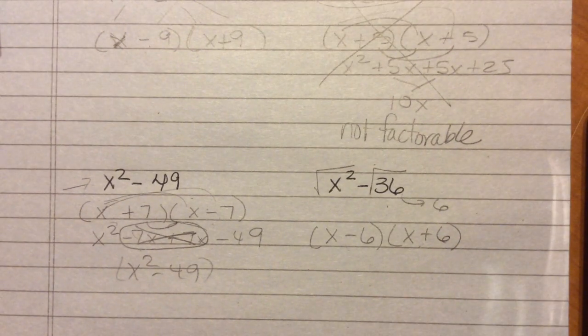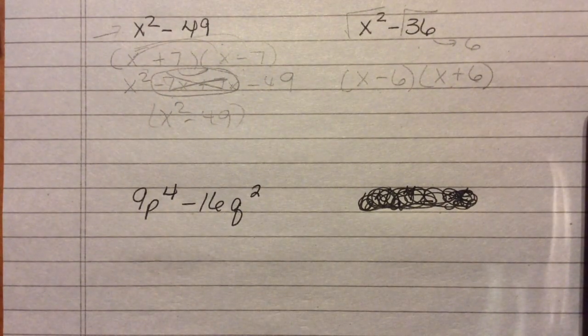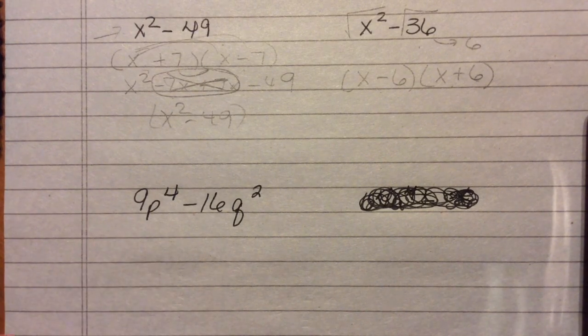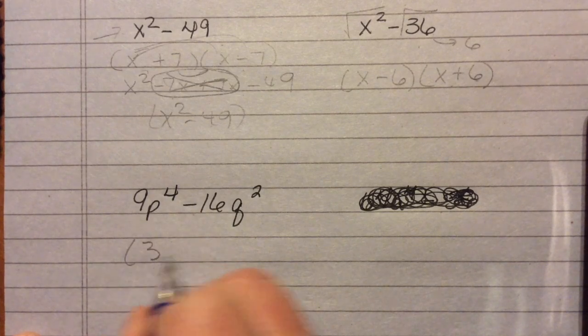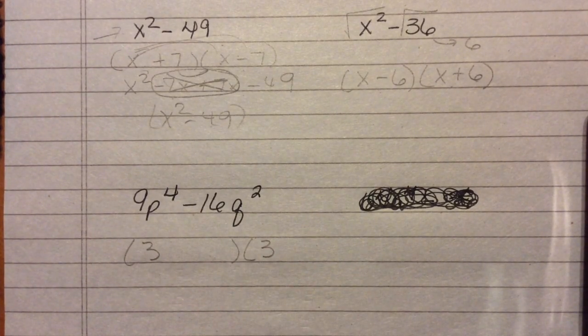Okay. You guys also are going to come across some like these, where they're both perfect squares. So looking at this one, I see 9 is a perfect square, so that's a 3. So I'm going to go ahead and put a 3 in each. Now, I'm splitting them into 2.